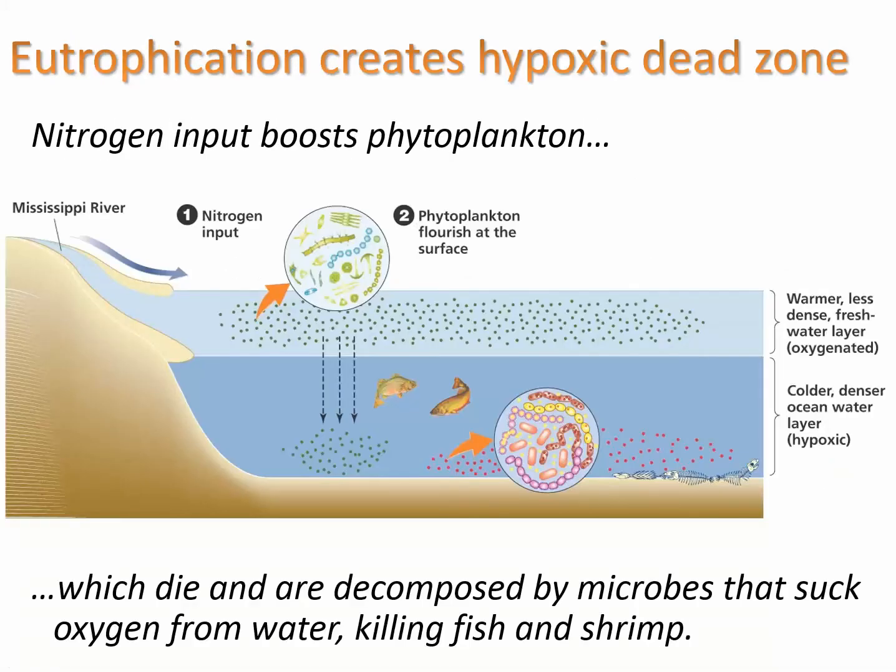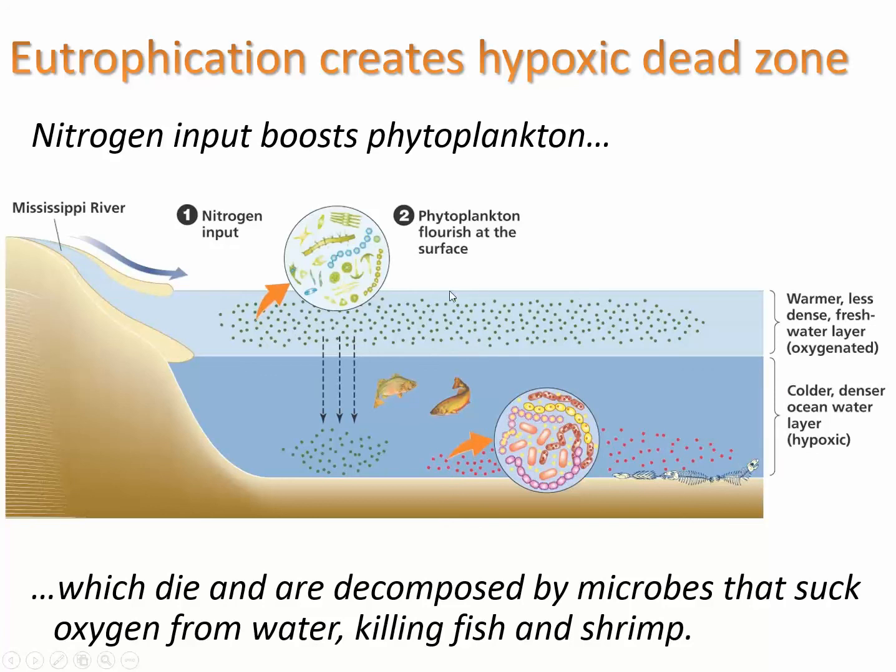And here's a little graphic, and we're going to see this again in our next unit. You have the Mississippi River coming in, carrying a bunch of nitrogen runoff from all the fields in the central Great Plains. So these nitrates make the phytoplankton. Remember, phyto is the photosynthesizing plankton, the algae. It's making them flourish at the surface because just like plants, they love that nitrogen.